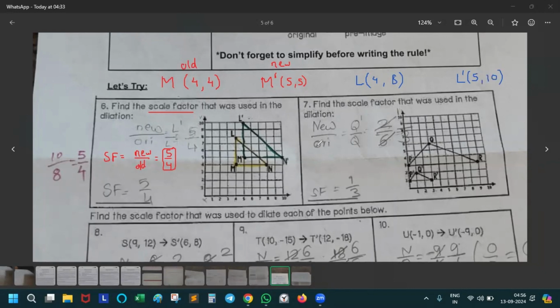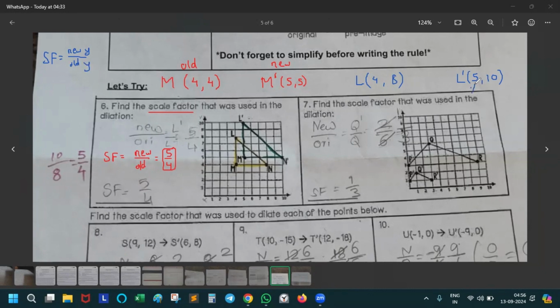Yes. So now let's say you were to use the y coordinates. What is the new y coordinate and what is the old y coordinate? Y coordinate, not the x.